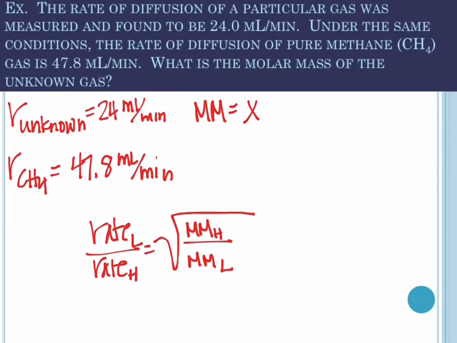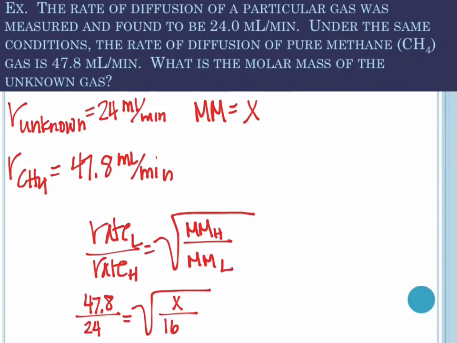Faster or slower? 47.8, the lighter one, because, think of those miles per hour. 47.8 over 24 is equal to the square root of x. We don't know the molar mass of our unknown gas. And the molar mass of CH4 is what? C is 12, H is 1, there's 4 of them. 16.